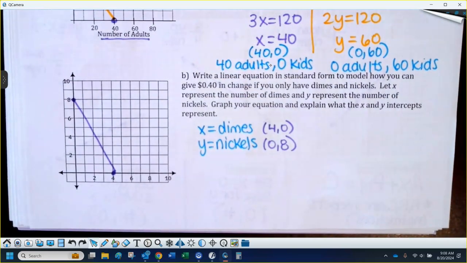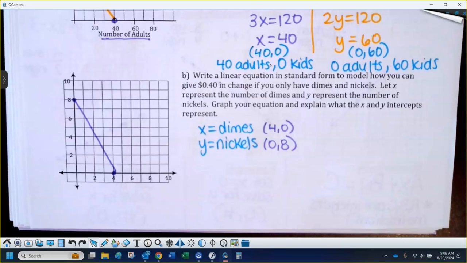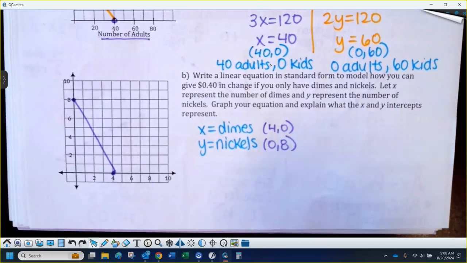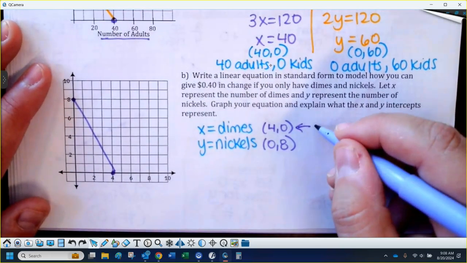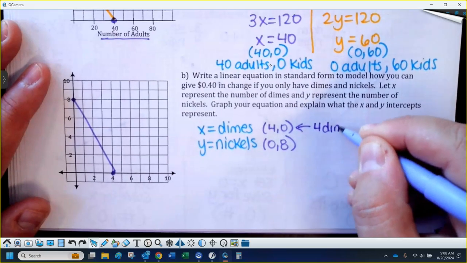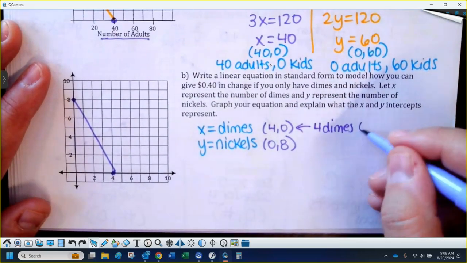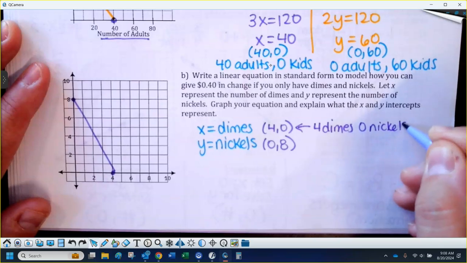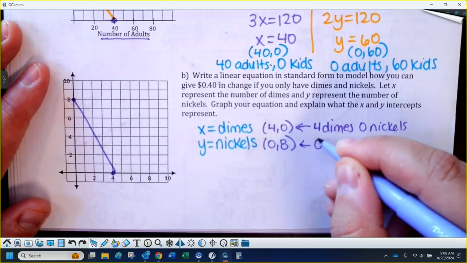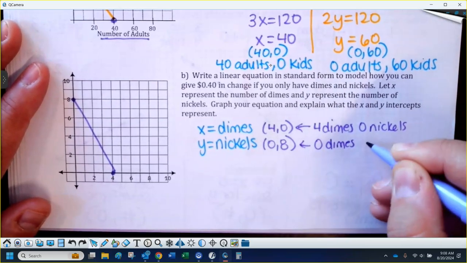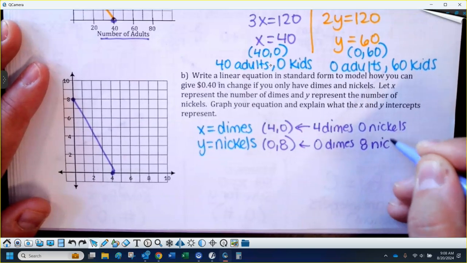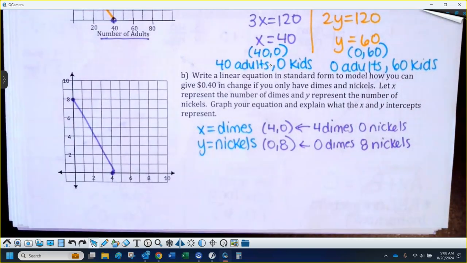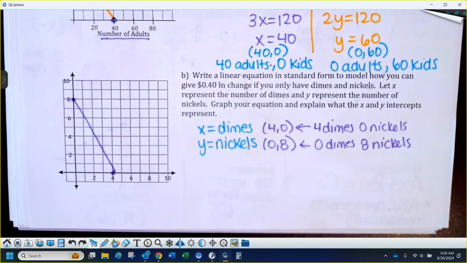Does anybody know what an equation would look like for that? He's exactly right. So right here, this would mean 4 dimes would be 40 cents, right? 0 nickels. And this one would mean no dimes and 8 nickels, and 8 times 5 would give you the 40 cents. How could I write an equation for that in standard form? What do you think?